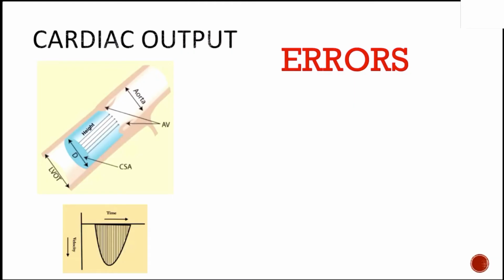All right, so there are three major errors that we're going to make in this, okay? The first is angle. And why is that? We talked about this earlier in our other lectures, right? We want the red blood cell to be going directly towards the probe or directly away from the probe, right? And that's how we're going to measure our Doppler.